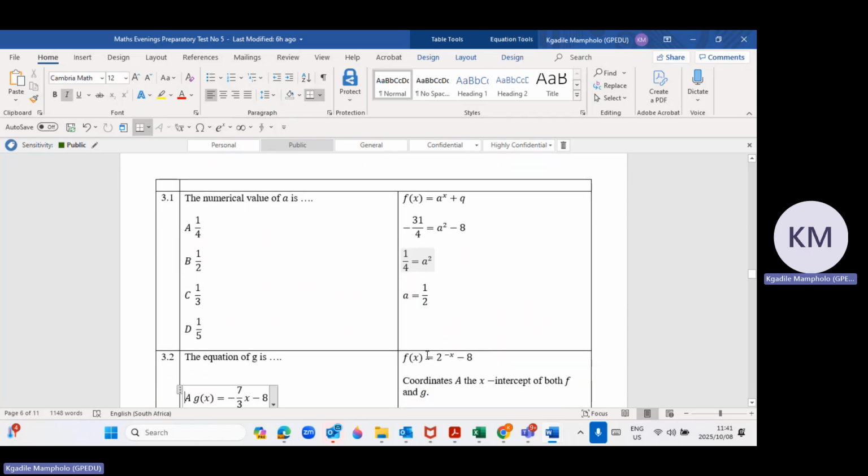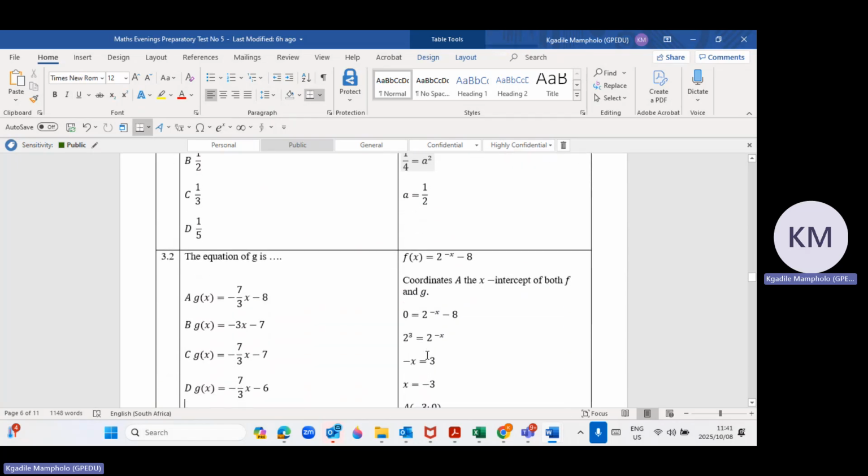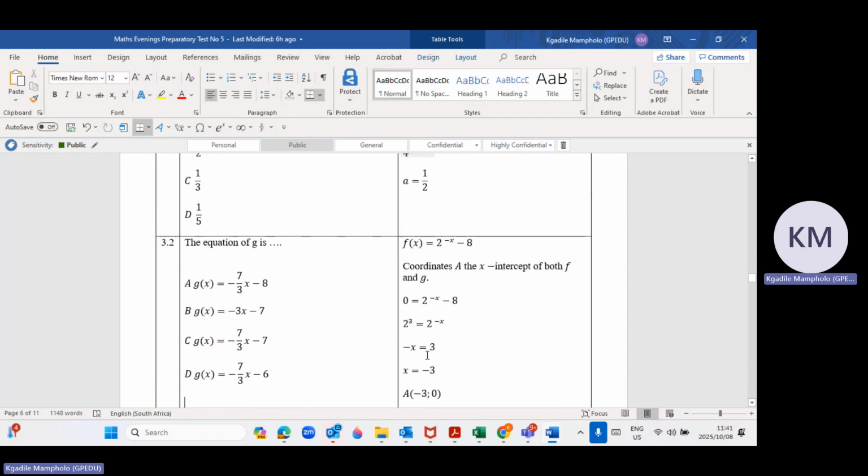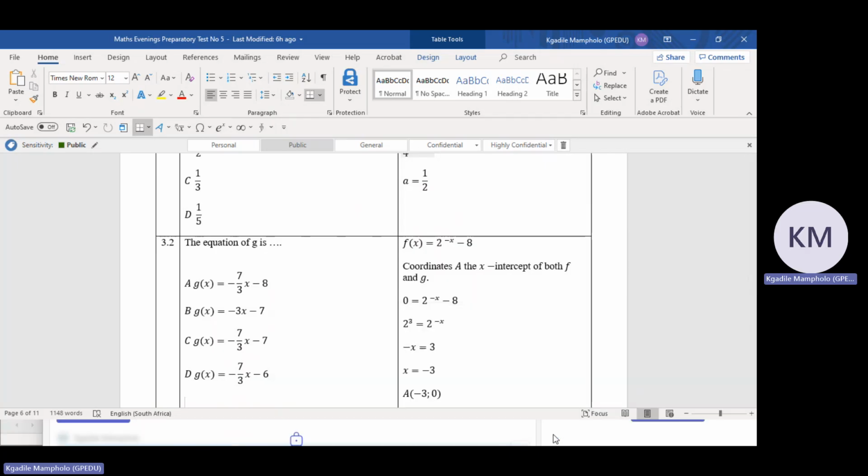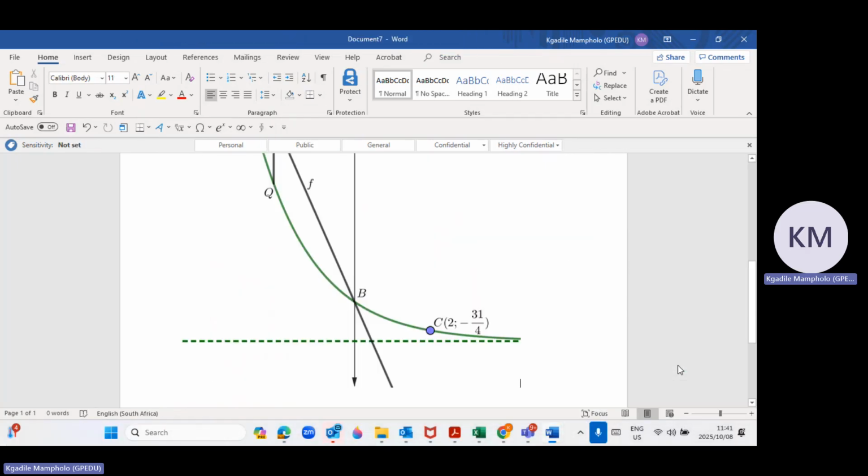The value of A, we got it, 3.2. The equation of G, remember G is the linear. The linear passes through which points?